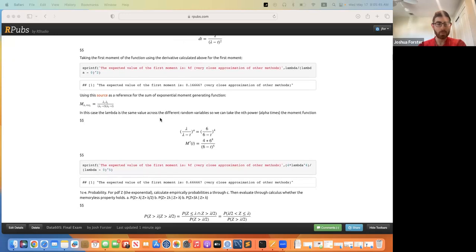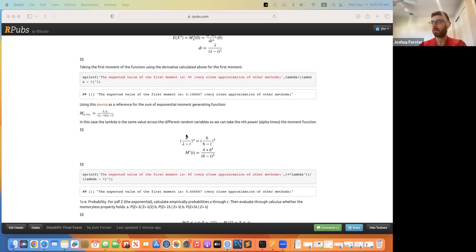And because in this case it's the sum of exponentials, basically it's the same process as the exponentials.